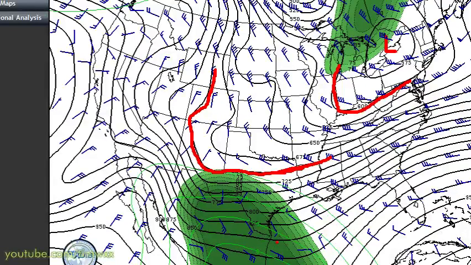So this is sloping from lower elevations, about 5,000 feet, up to 15,000 feet in the Midwest. And the reason for that is cold air at the surface. So in a way, this is going to correspond fairly closely to the thickness charts.